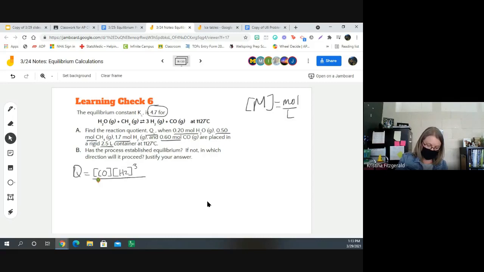Now, watch me though, make sure I get these in the right spots. I got my exponent of 3. I got my little 3. Okay, so this is what I'm going to eventually fill in, but I'm going to have to find the concentrations of all of the things, which is a little pesky. But let's go ahead and give it a whirl.